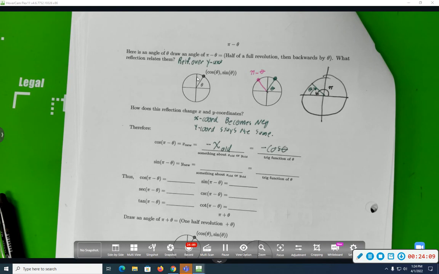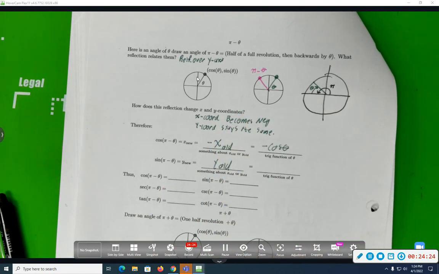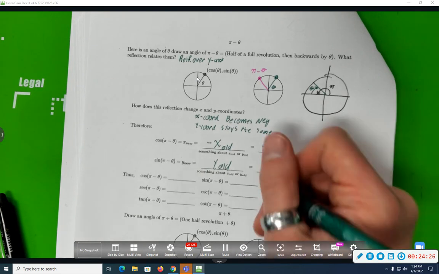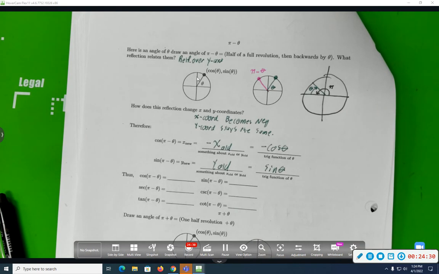So sine is the y-coordinate. So how did the y-coordinate change under this reflection? Stays the same. So which trig function does that give? Nice.